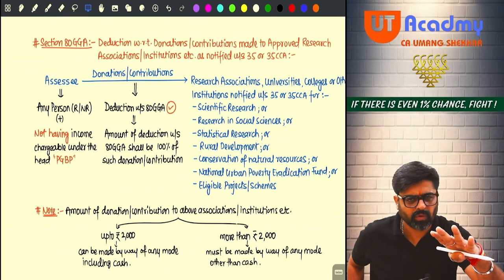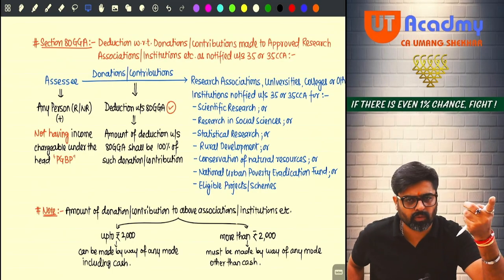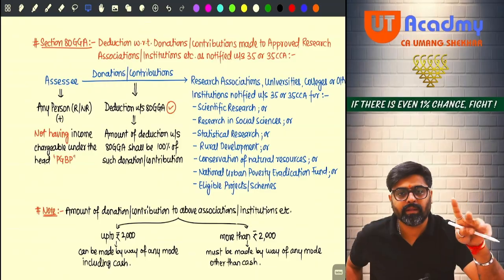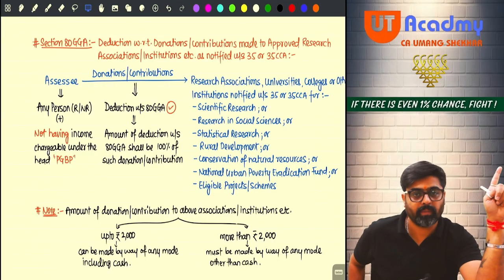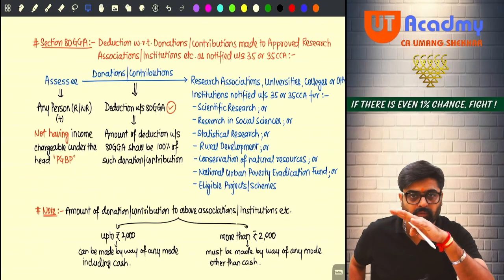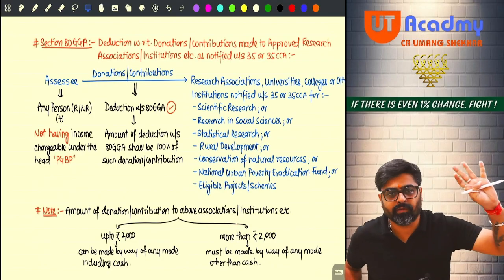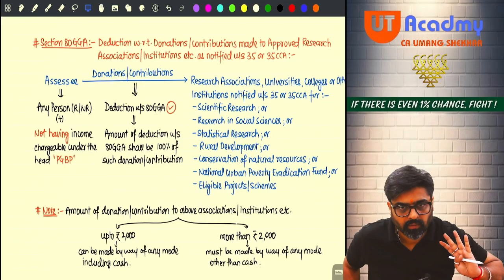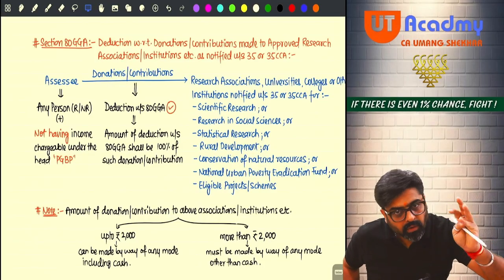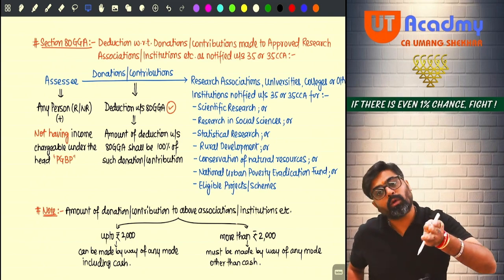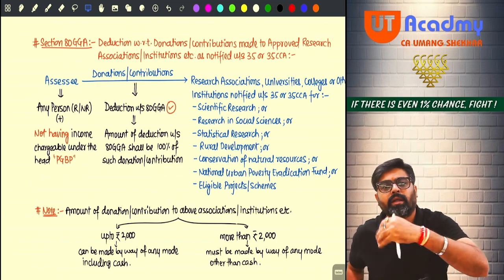You don't want to donate for a specific program? Do one thing. The government has created a rural development fund, and from that fund the money is used for different rural development programs. If you don't want to donate for a specific program, don't worry, you can donate in the fund.